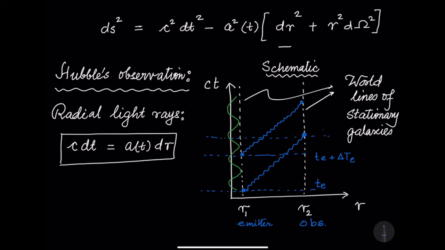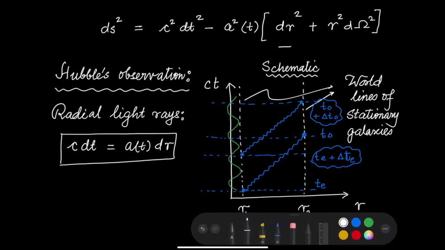This is t observed, and this I will call t observed plus delta t observed. As we know from the observation done by Hubble, the time period of the observed rays is different from the time period of the emitted ray. So delta t emitted and delta t observed are expected to be different.